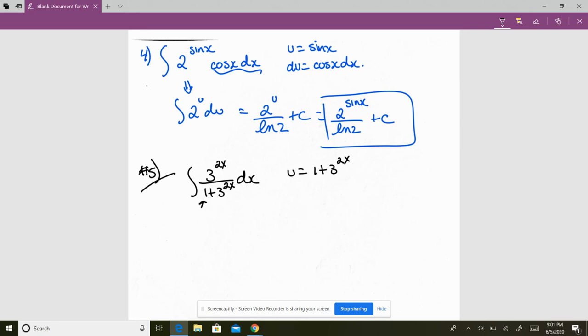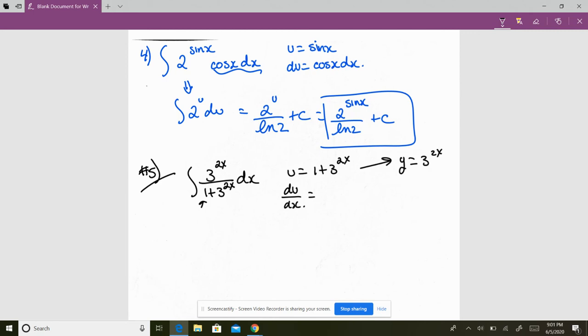So let's do the derivative, du dx. Now, this is going to be a bit weird. The derivative of 1 is 0, but I want to do the derivative of 3 to the power of 2x. So over here, I'm going to say y is equal to 3 to the power of 2x. You've got to just hold this in your mind.